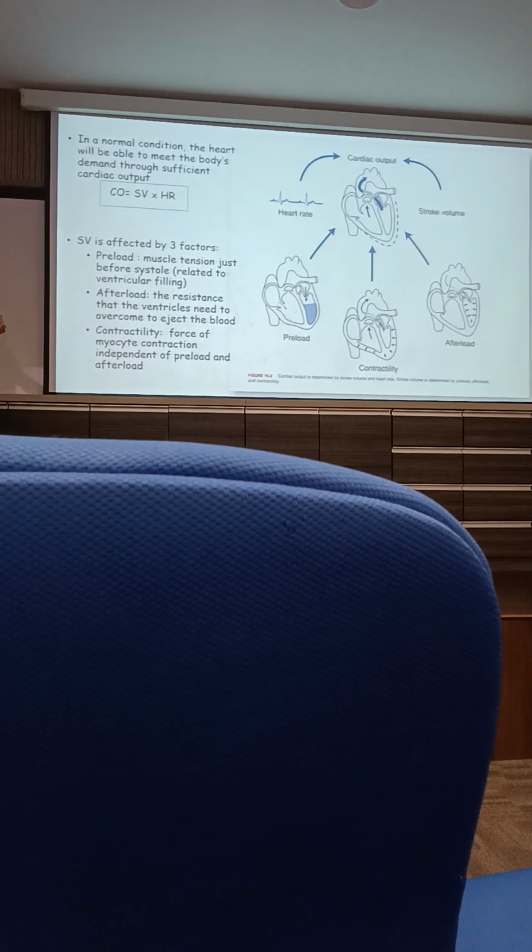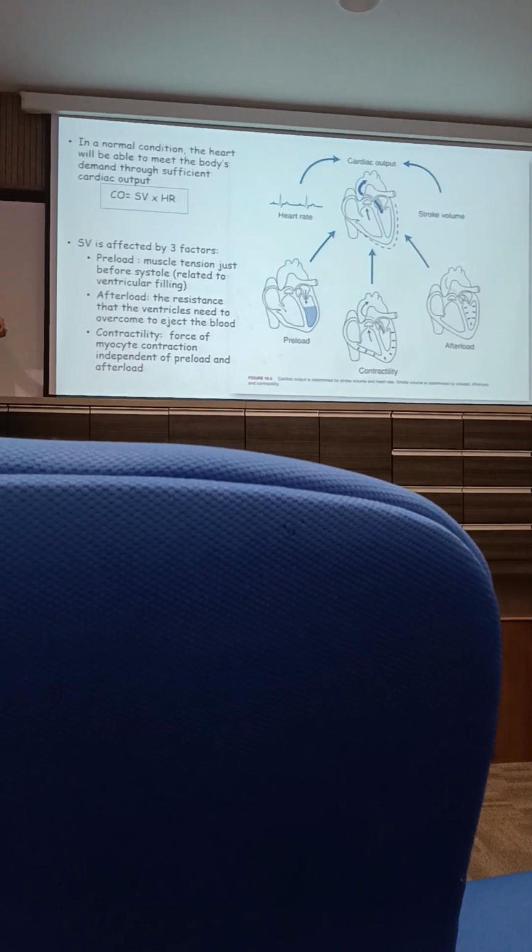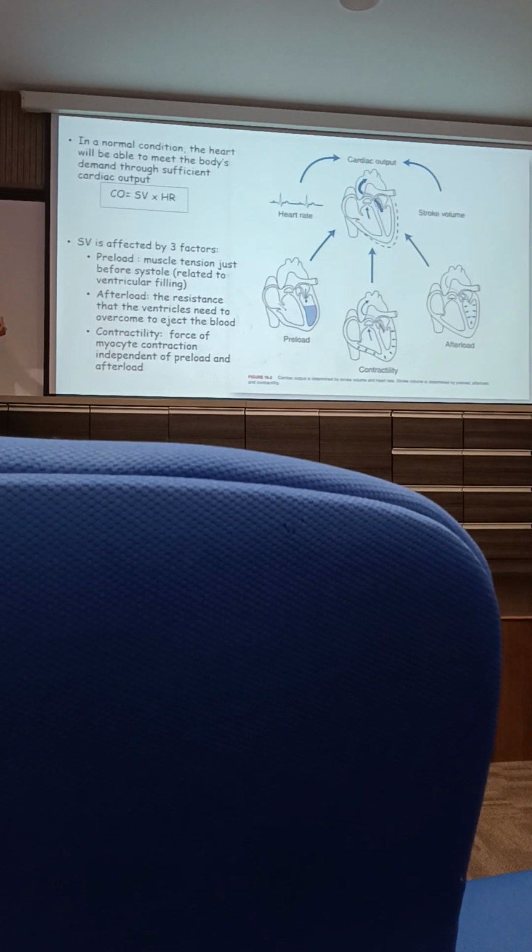So you know about this. Anything that influences the preload, the afterload, and contractility will influence the stroke volume, hence will change the cardiac output, whether there's an increase or a reduction in cardiac output. For example, in the case of hypertension, there is an increase in the resistance that the ventricles need to overcome, so there's an increase in afterload.